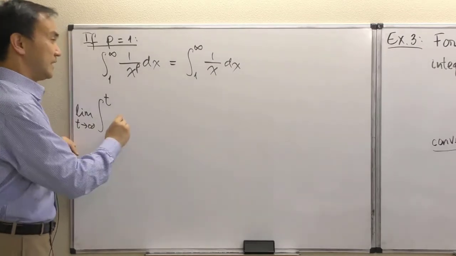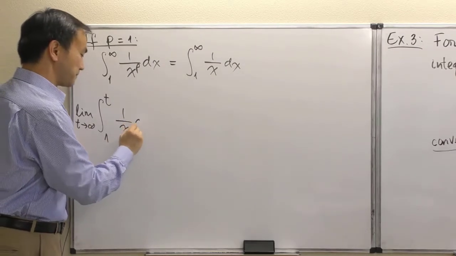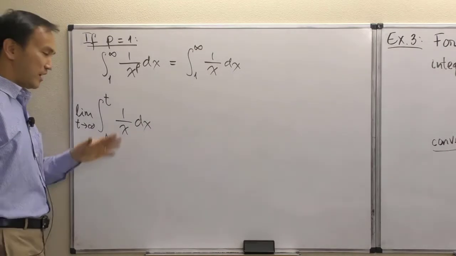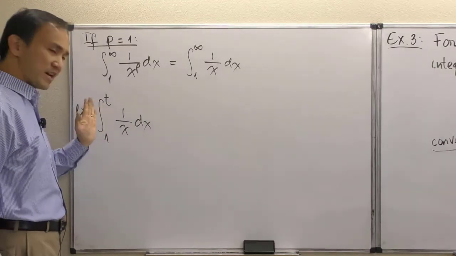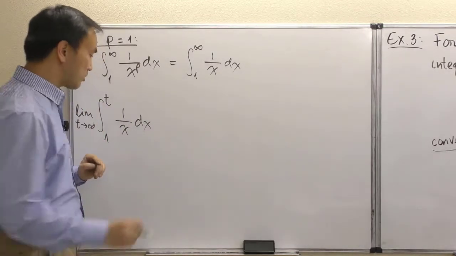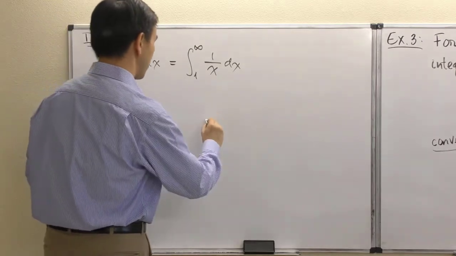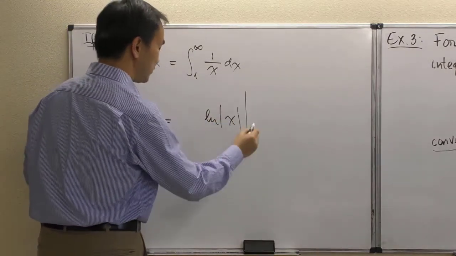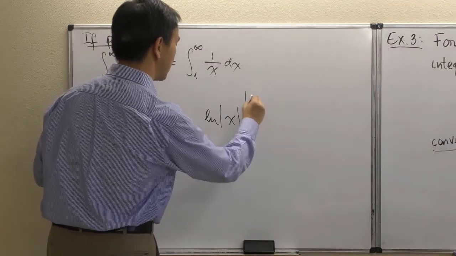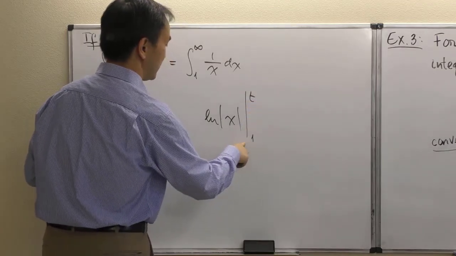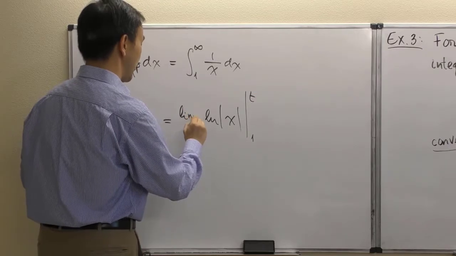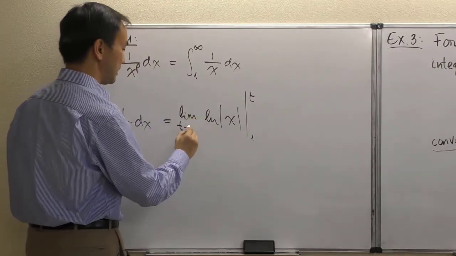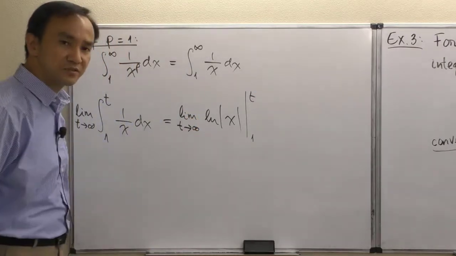And our function is 1 over x. Okay, and now at this point we are ready to use the fundamental theorem of calculus. So here it gives me the natural log of x in absolute value, and then we need to evaluate this from 1 to t. And on top of that, we have to treat the problem as a limit problem by letting t approach positive infinity.